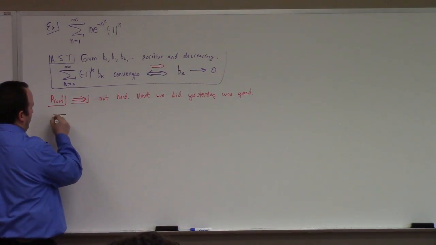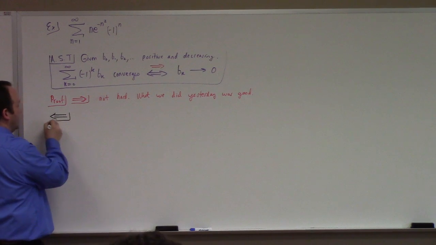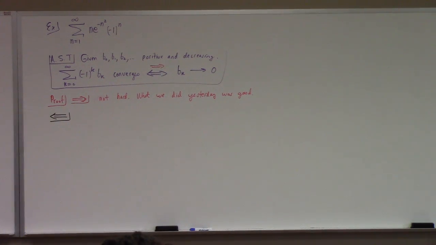My conceptual error yesterday, in reading his proof and trying to explain it to you, was that when he talked about the even partial sums or the odd partial sums, I thought he was still talking about partial sums for the series we're considering. But actually what he's doing is more interesting than that.